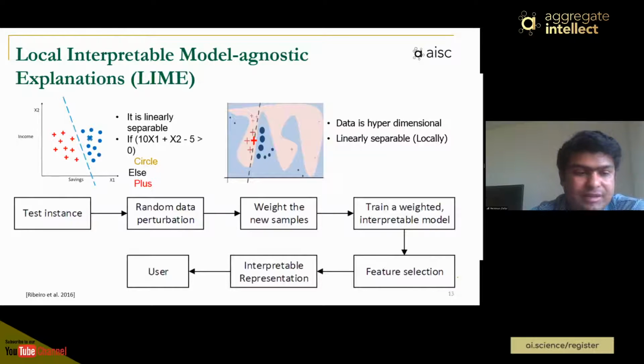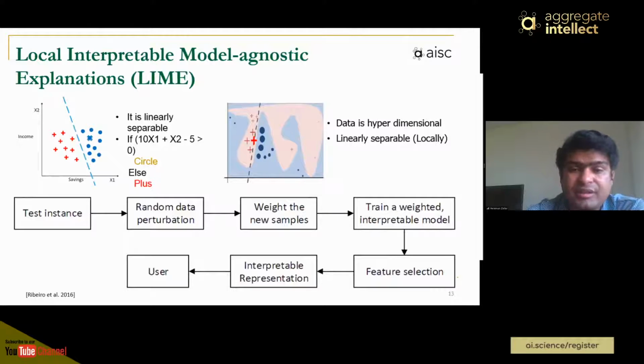What LIME does is take one test instance at a time, perturb the data around that test point, generate around 5,000 samples around it, train some model and compute some weights, and then use those weights to train the interpretable model and extract the features.